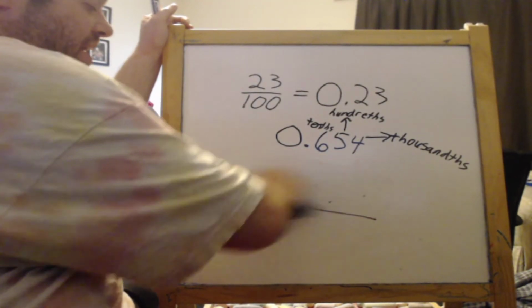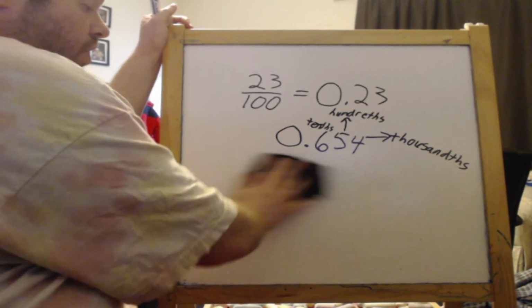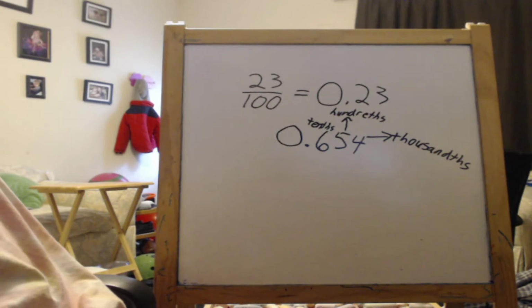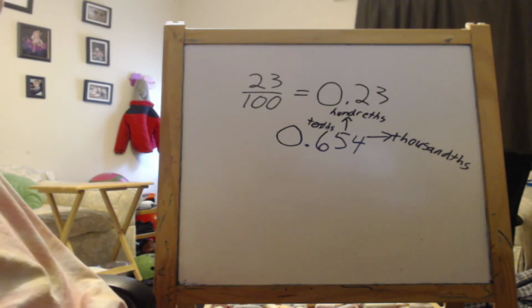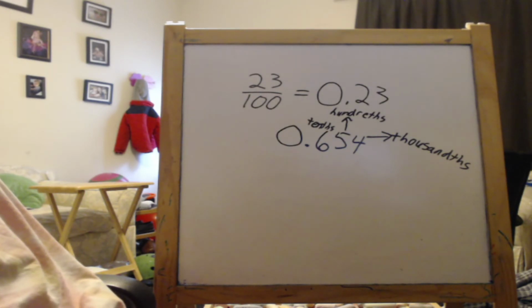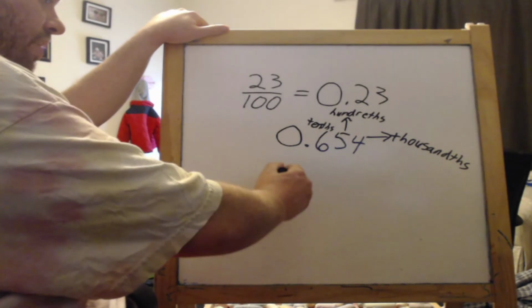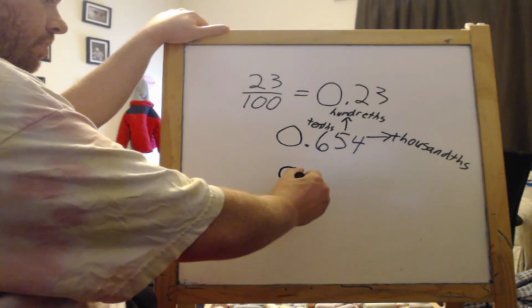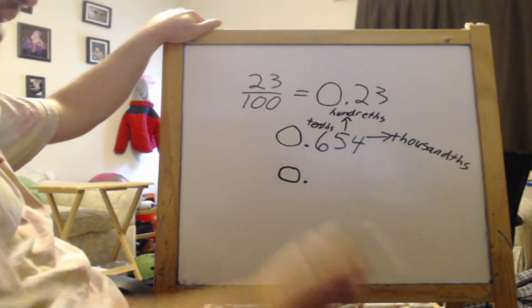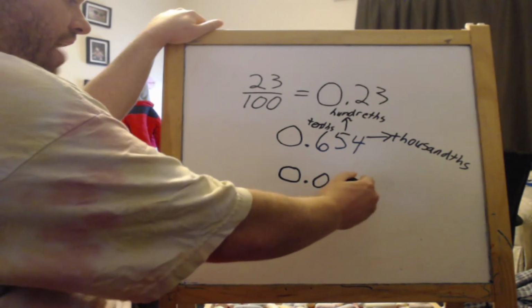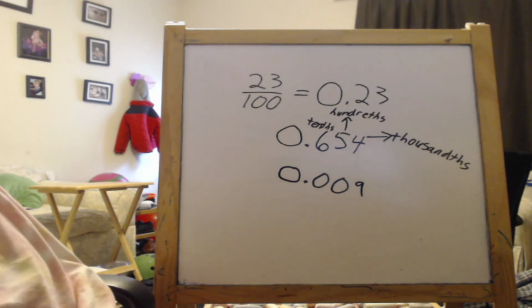But basically, when you are naming a number, and let's say we just want to write 9 thousandths, what we're doing is making sure that whatever number you say, the last digit of it is in the thousandths place. So in this case, 9 thousandths would look like this.